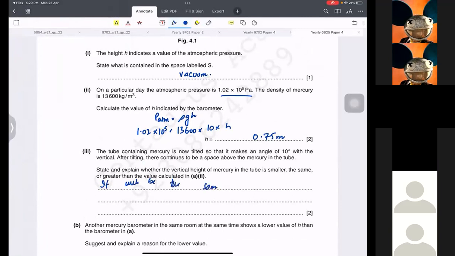The reason is that atmospheric pressure is the same, so it shouldn't change the column height, since pressure is rho gh. It does not depend on angle, only the height.